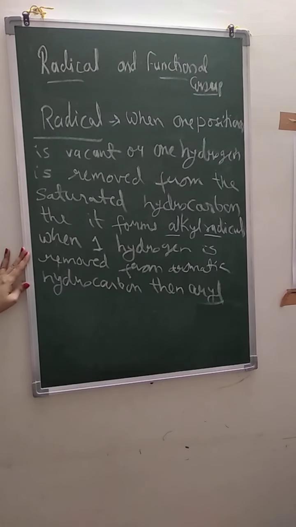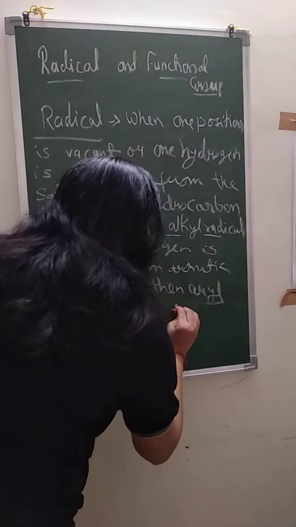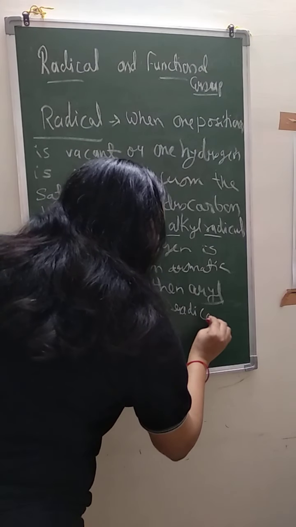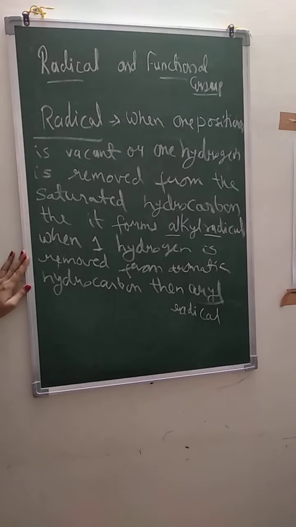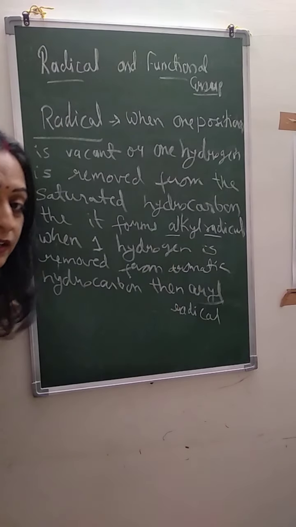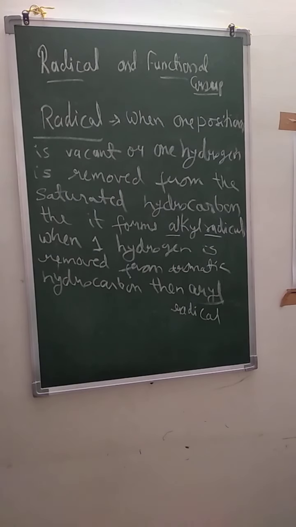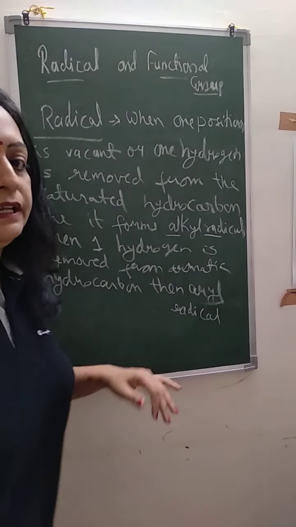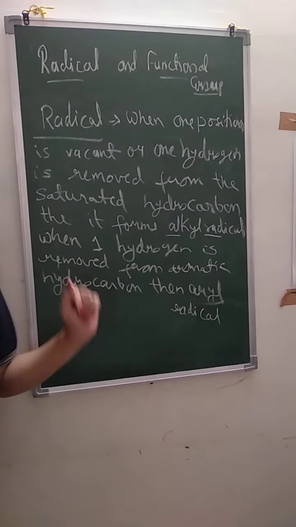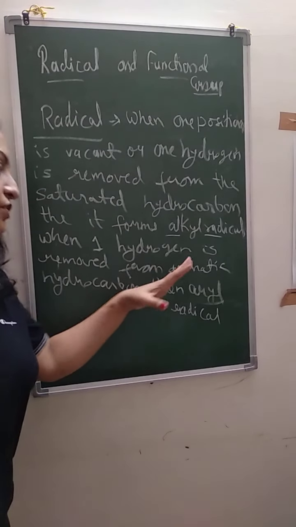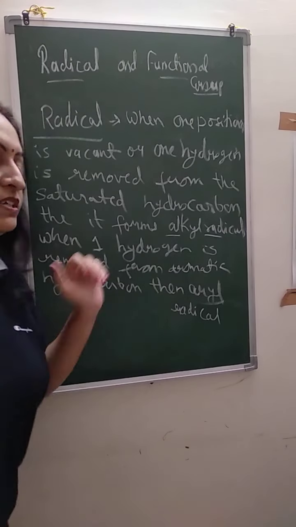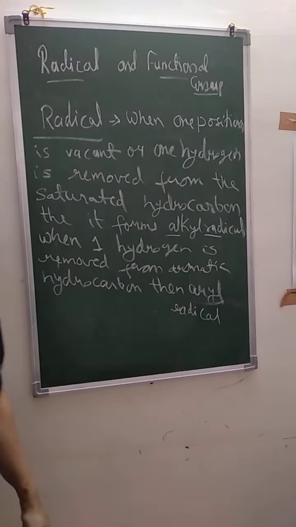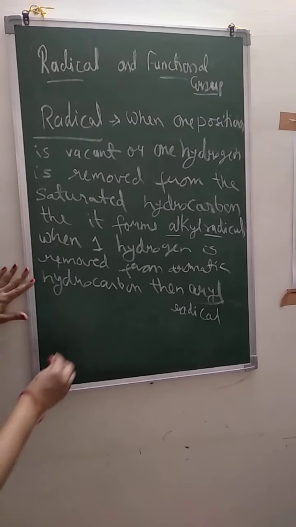This is called aryl radical. Clear? What is the difference between alkyl radical and aryl radical? When one hydrogen is removed from saturated hydrocarbon, then it is known as alkyl radical, and when one hydrogen is removed from aromatic hydrocarbon, then it is known as aryl radical.